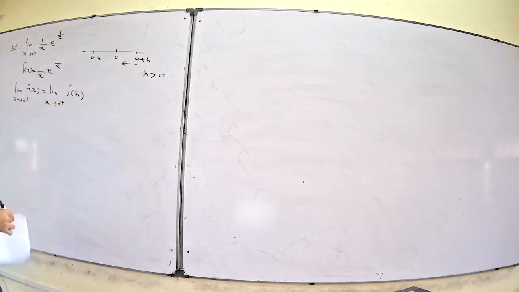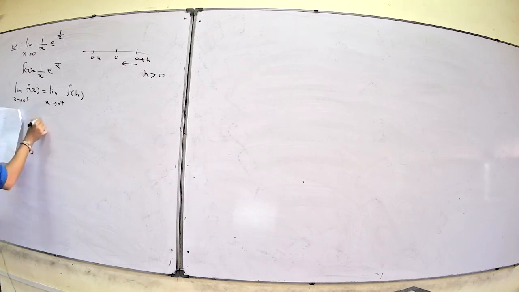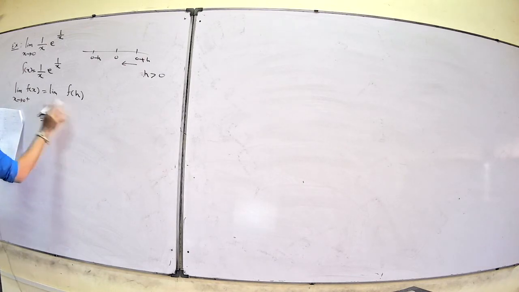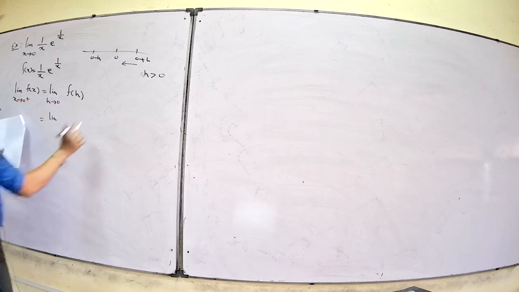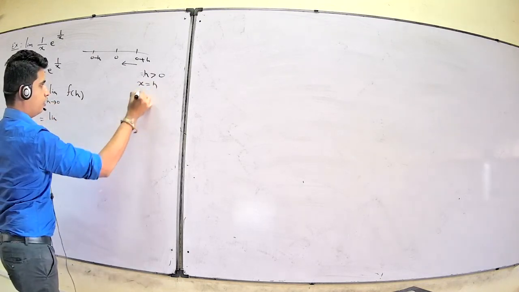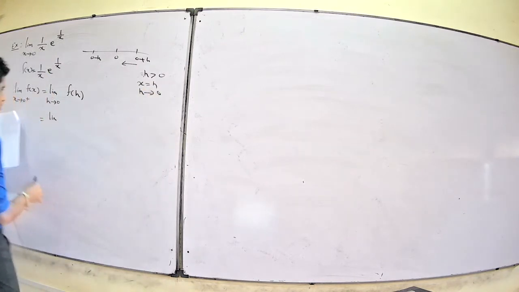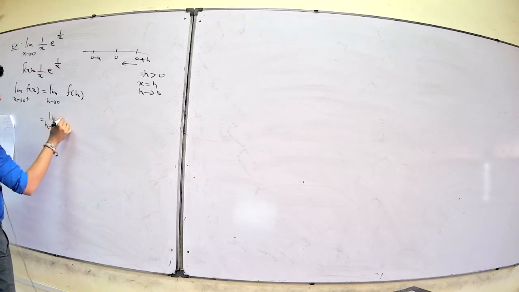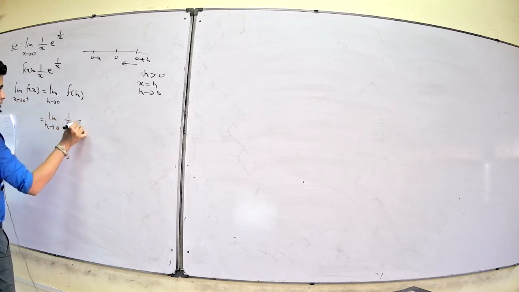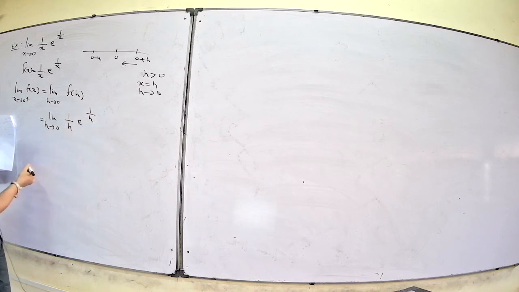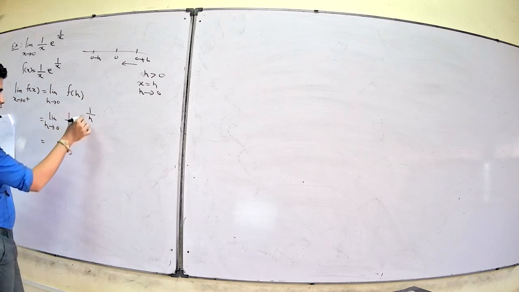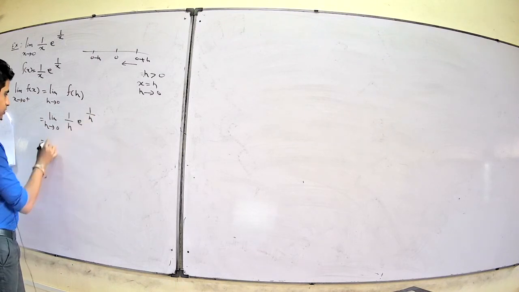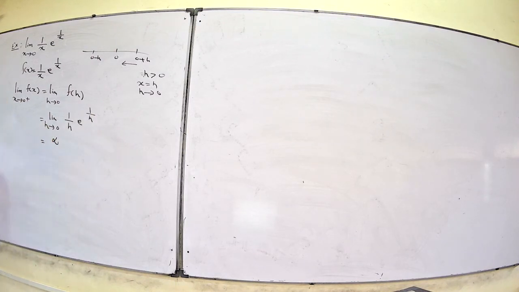Taking x equal to h, as x tends to 0, h also tends to 0. f of h means 1 over h e power 1 over h. Therefore this limit value should be 1 over 0, which becomes infinity. It is an infinity value.